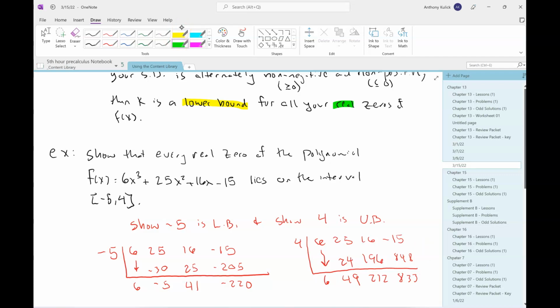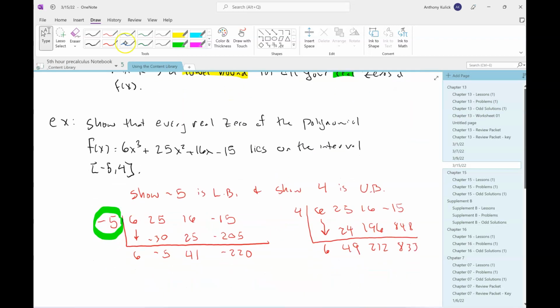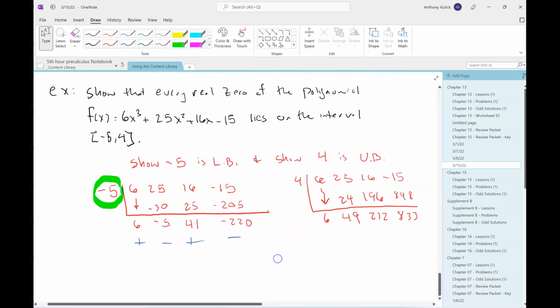All right, so what can I conclude here? We're working with the -1, so we're in this piece. So I need to check to make sure they're alternately non-negative and non-positive, right? So positive, negative, positive, negative. So I can conclude that -5 is a lower bound.